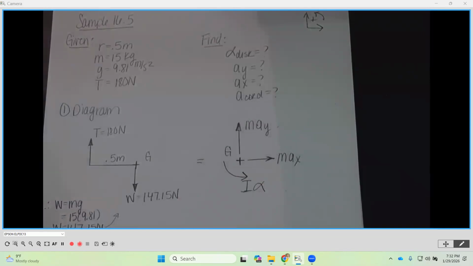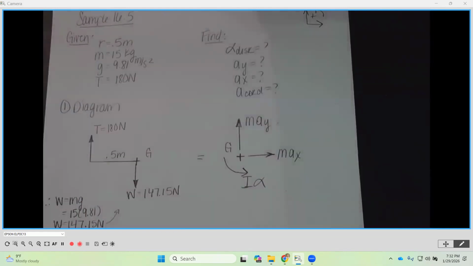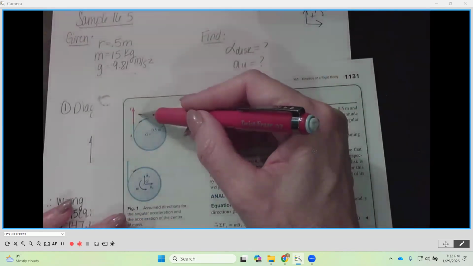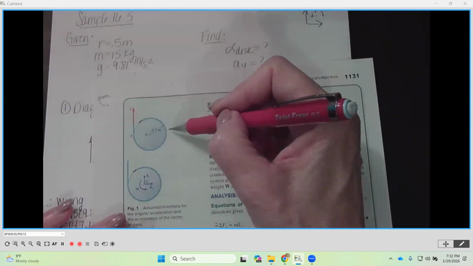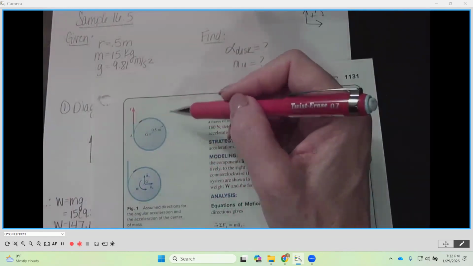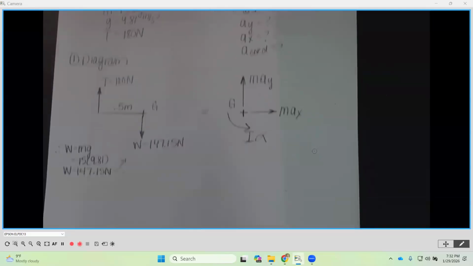Now, if you're saying, why aren't you putting that in a, because if we're pulling on this disk up, and this is attached, the disk should be going in a clockwise direction. Why did you put it in this direction? I'm going to put it in that direction because it's a teaching moment.